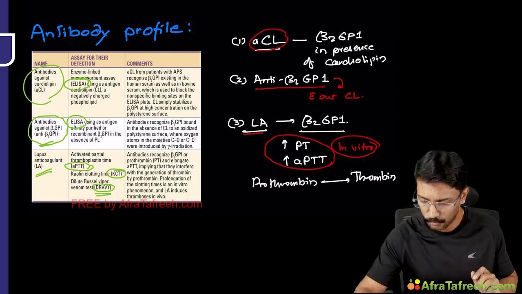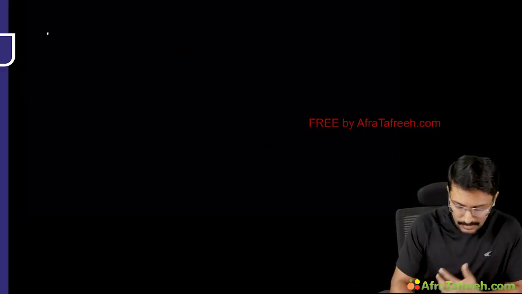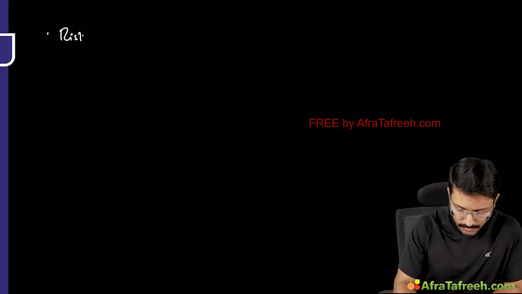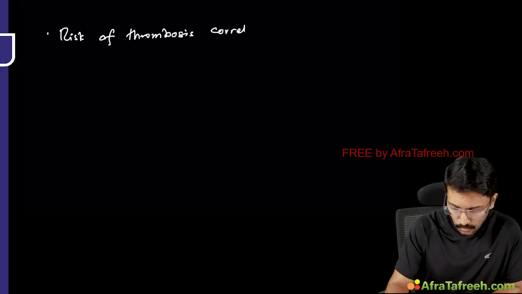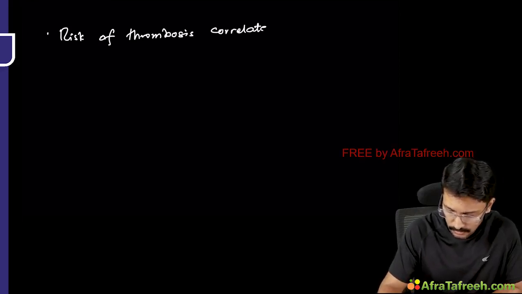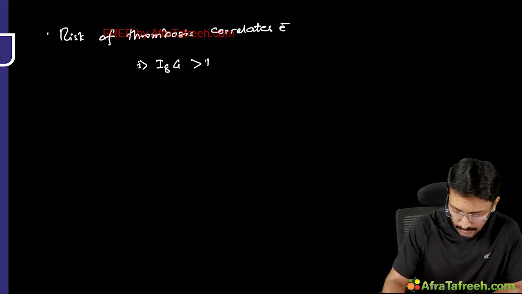Now there are a few additional points I want you to know about the antibody profile. That is, the risk of thrombosis correlates with, number one, presence of IgG antibodies more than IgM antibodies.